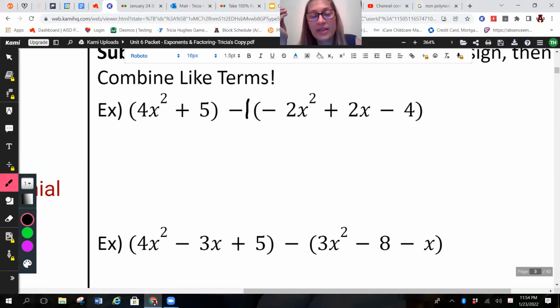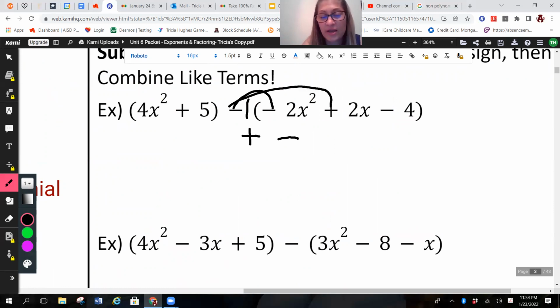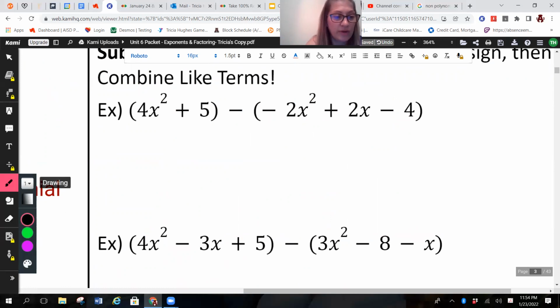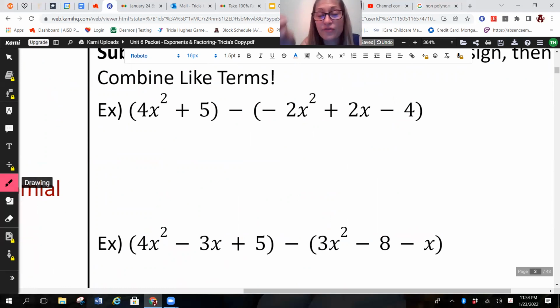And multiplying by a negative 1 changes the sign of what you see. So I know that that times that is a positive, that times that would be a negative, that times that would be a positive, okay? So now, the fast way to do it is after the minus sign, we're going to change every sign. And then you add.